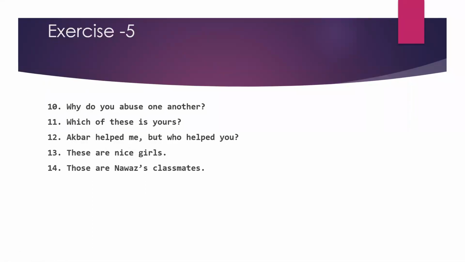Number 14, those are Nawaz's classmates. And then 15 and last, these are my friends. So dear students, we have here 6 sentences. Same practice we will repeat, that we will first underline the pronouns over here, and then we will write which kind of pronouns these are.